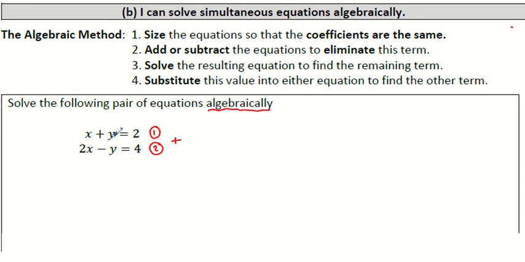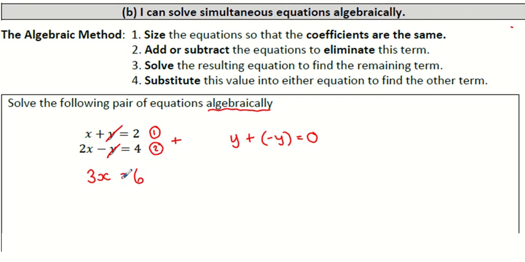If I read this downwards, y plus negative y equals 0. And I want to get rid of these y's so I can find my x value first. So x plus 2x, reading downwards, x plus 2x is 3x. 2 plus 4 is 6. 3 times something equals 6.